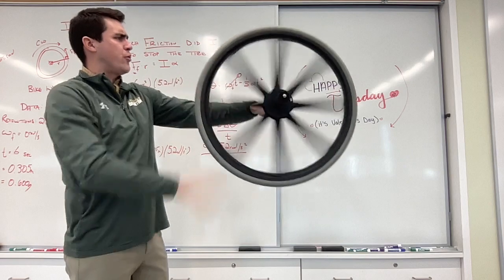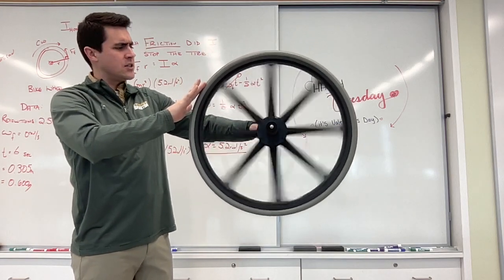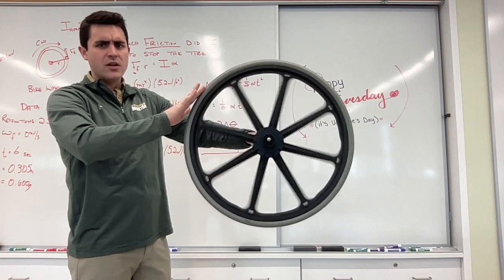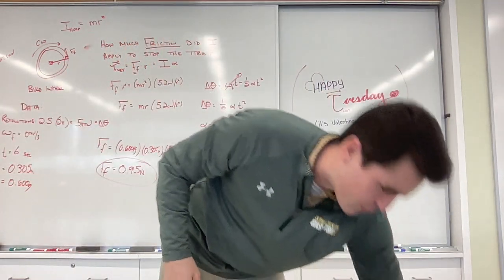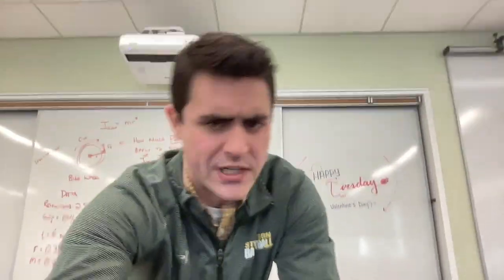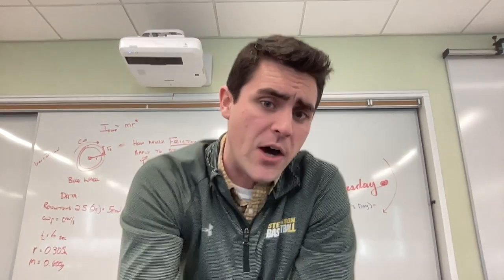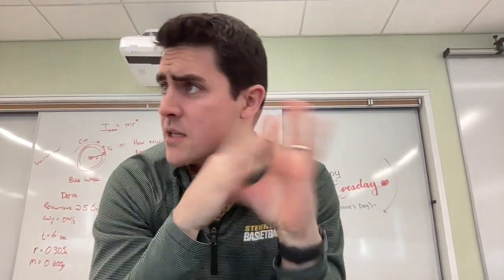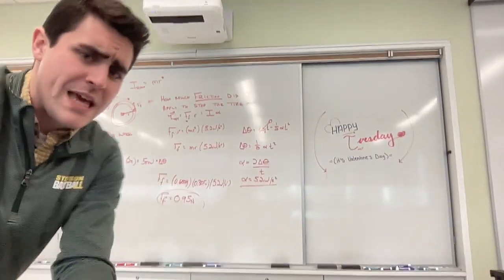So how much force did I apply? I was gently touching this thing. Very little, bringing it to a nice smooth stop. It wasn't a herky-jerky stop. It was a pretty smooth, gentle stop. So does 1 Newton or about 1 Newton make sense? I think so. It wasn't a lot of force. My fingers are fine. I probably should go wash them because of the bike tire. But generally speaking, that makes sense with the assumptions that we made.